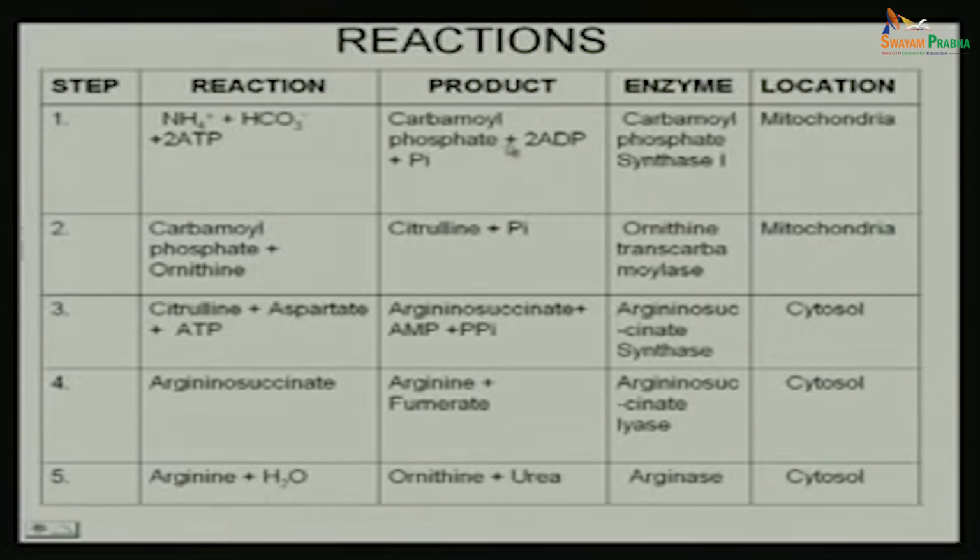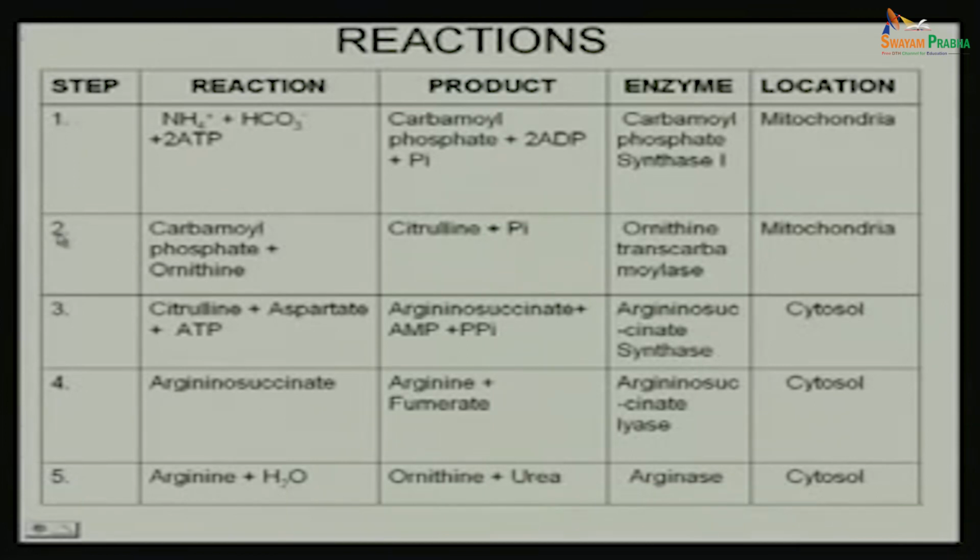This reaction takes place in the presence of the enzyme carbamyl phosphate synthase 1. When this reaction goes on, it produces two molecules of ADP and inorganic phosphate. This step is going on inside the mitochondria of the cell.